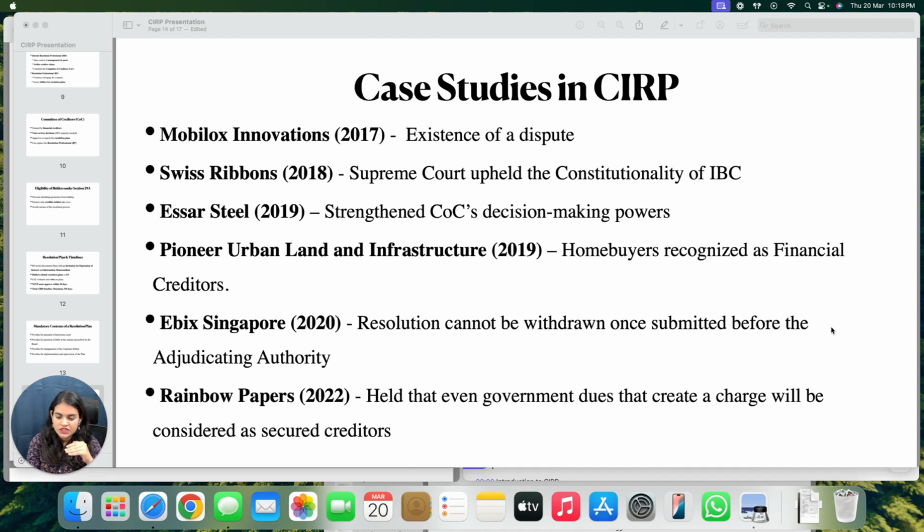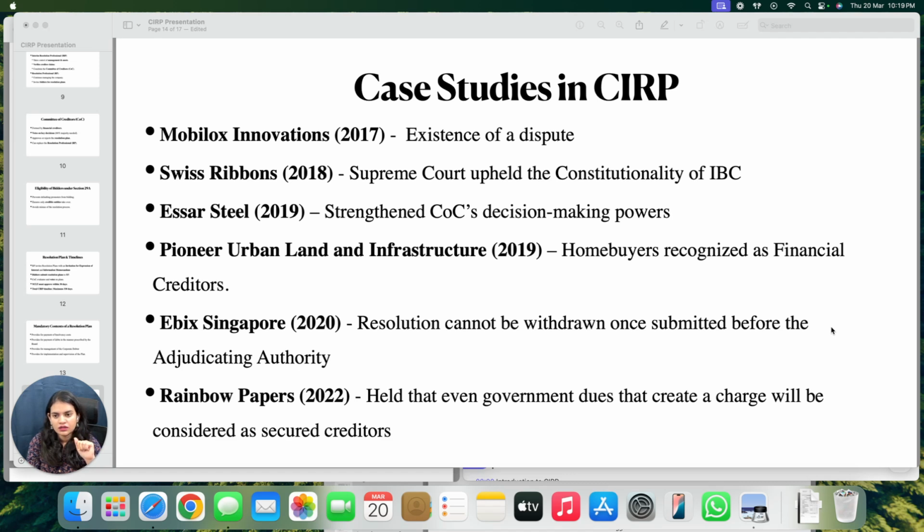So it cannot be concluded that there is no dispute merely because there is no litigation. The word dispute is wider than that. That is what the Supreme Court has held, and hence the CIRP was not admitted. The NCLAT order was overturned.